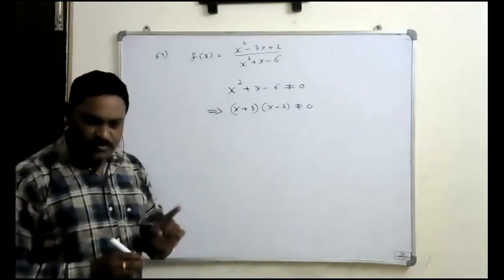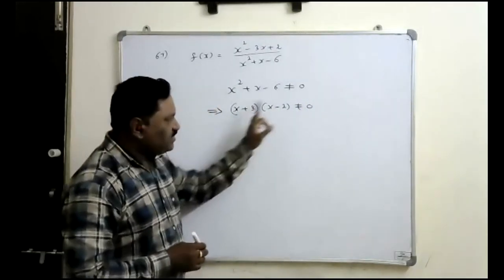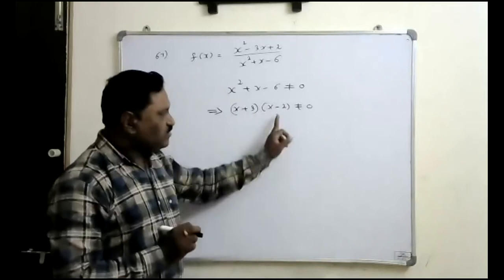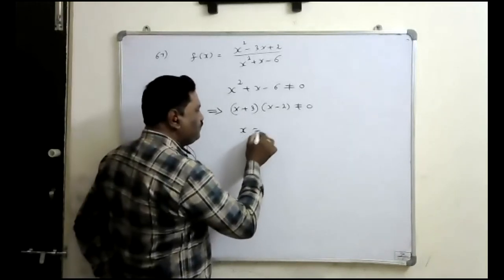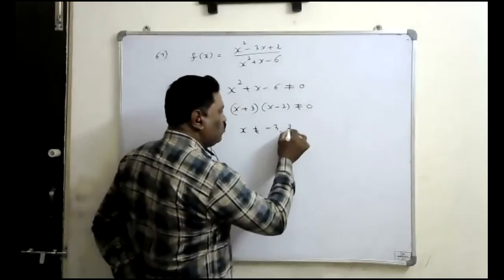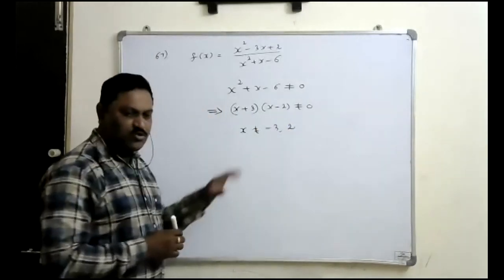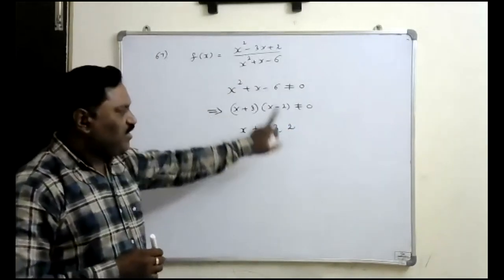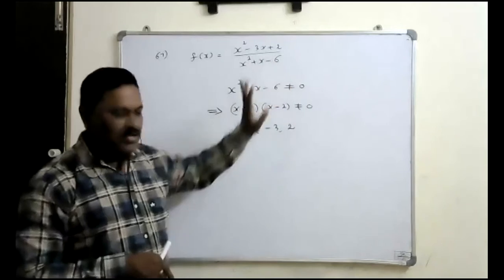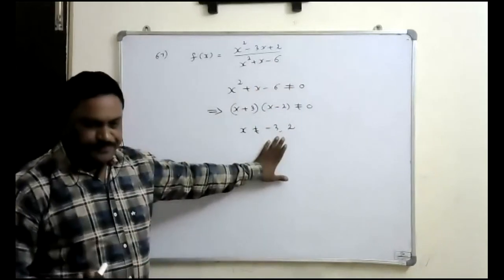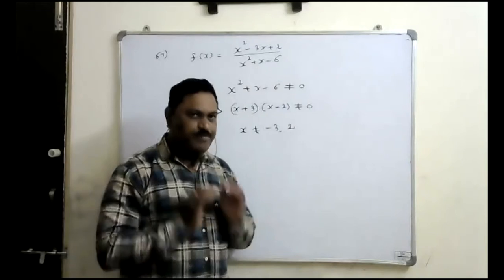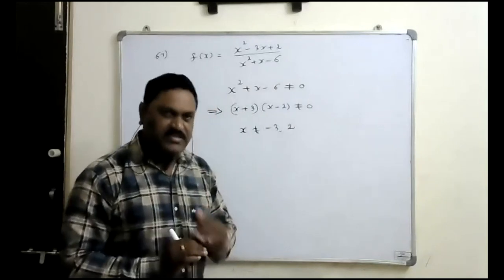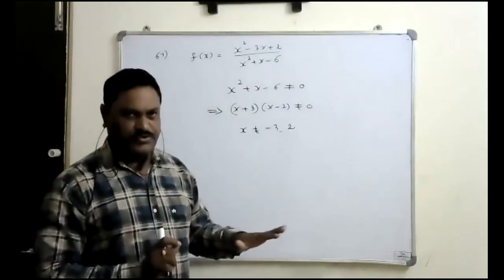This product is not equal to 0. मतलब x plus 3 is not equal to 0 or x minus 2 is not equal to 0. मतलब x is not equal to -3 और 2. तो x इक्वल टू -3 लिया तो 0 होता है, x इक्वल टू 2 लिया तो भी 0 होता है. ये दोनों वैल्यूज नहीं लेना है, बाकी सभी वैल्यूज ले सकता है. Except these two values we can consider remaining all the values.